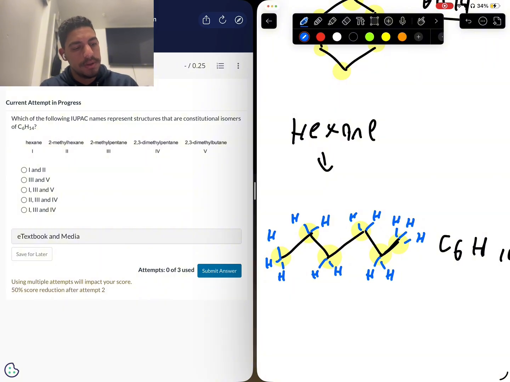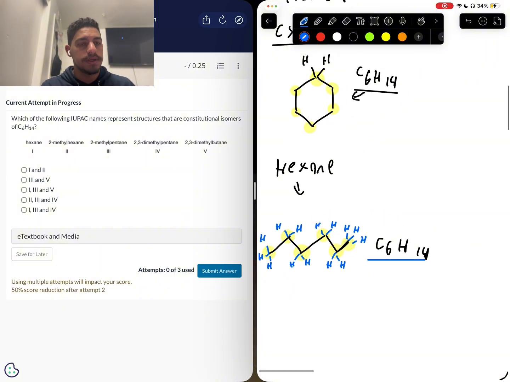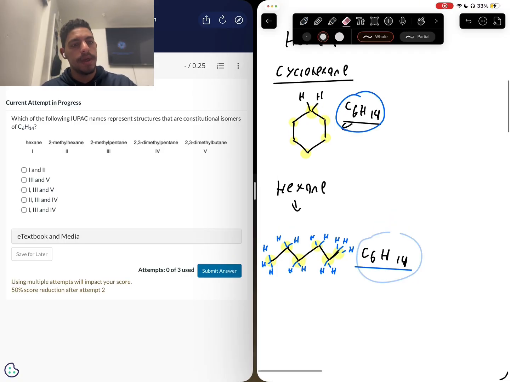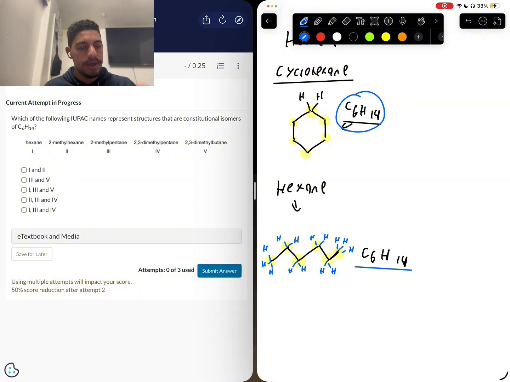This is also C6H14. So this is just one form of a constitutional isomer where you have the same formula for both of them, but completely different arrangement of molecules, right? Hopefully that makes sense. And I just wanted to add the cyclohexane just to show you that it could also be in a ring form. It doesn't have to be like this.